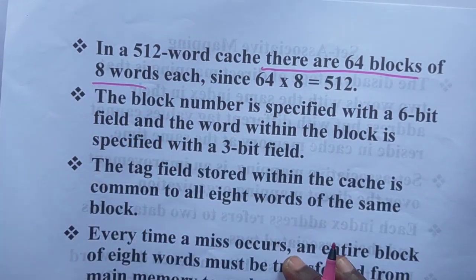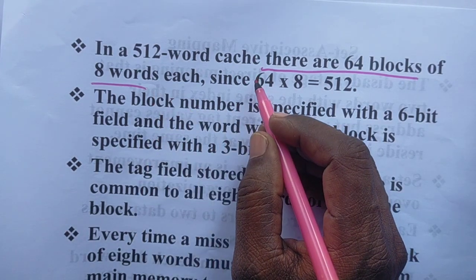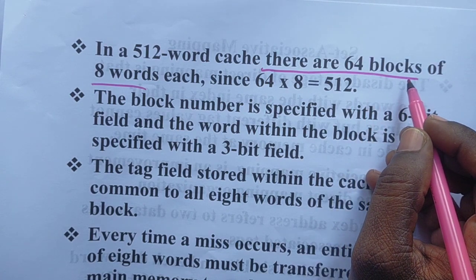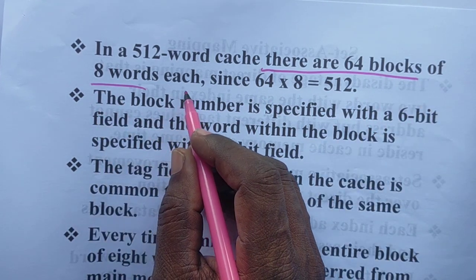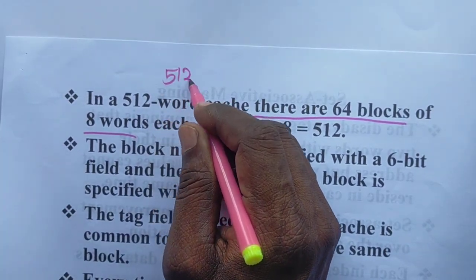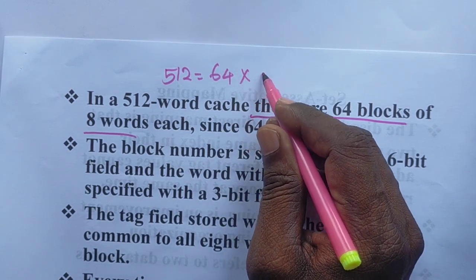So how many blocks and how many tags we will define in this way. 512 words: we will consider 64 blocks and each block contains 8 words. So very simply, 512 is equal to 64 into 8.